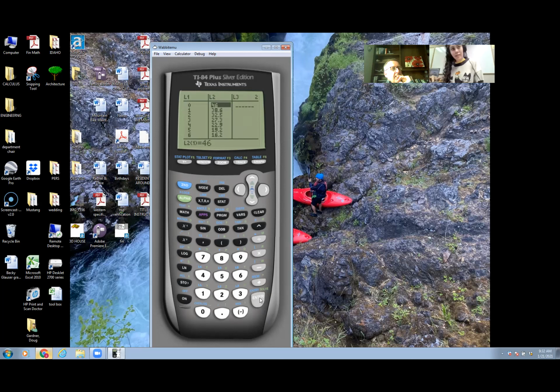Nothing. I had edited this yesterday because I was doing some physics homework, so I did have data in there. But once I saw that error, I thought maybe I should clear out my stat list. So that's empty. When you go to this screen, look at my screen. When you go to this screen, that is the problem.